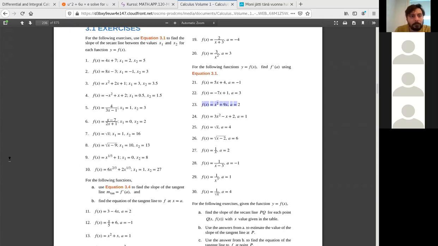Yeah, that's how you do it. In this case, if you replace, well, the limit, we can write it like this: the limit as x goes to 2, and in place of f of x it should have x squared plus 9x, minus 2 squared plus 9 times 2, divided by x minus 2, right?